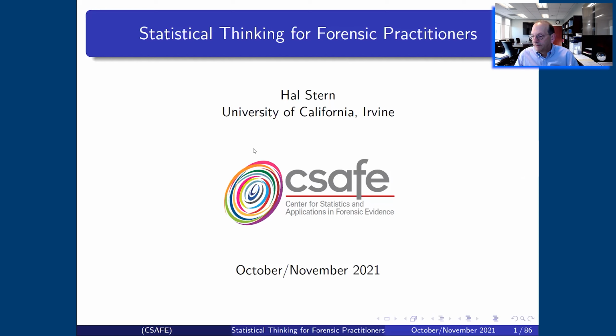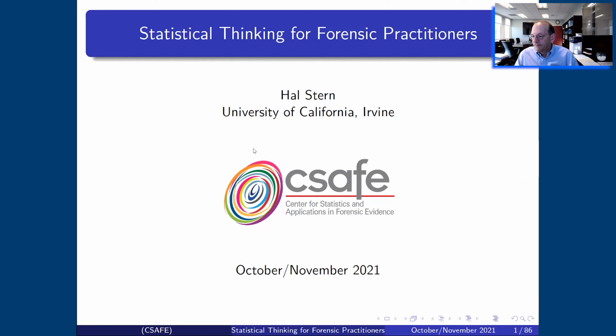So you can see the outline. The things I'm hoping to cover today are to think about basically 3 different approaches to the analysis, interpretation, and reporting of forensic evidence. What I consider the status quo in pattern evidence, and as you all know by now, CSAFE is really funded to focus on pattern and digital evidence.